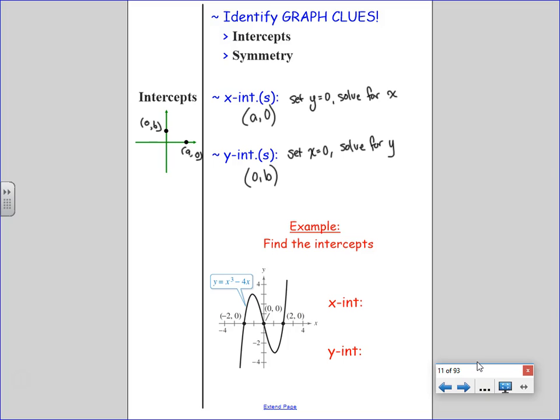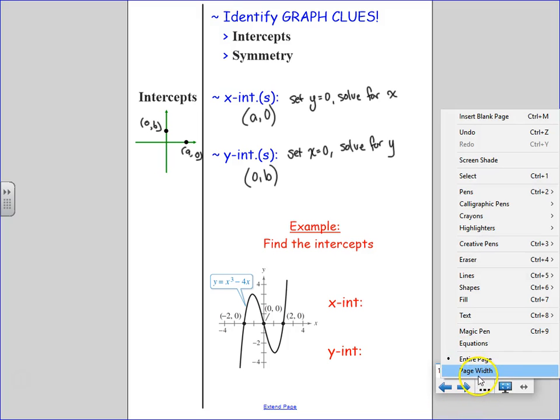What if you didn't have the graph? It's kind of a complicated one. If you can't read it, the function is y equals x cubed minus 4x. Y equals x cubed minus 4x. You can see the answers. Show me algebraically, mathematically, how to find answers. I can give you tons of them.